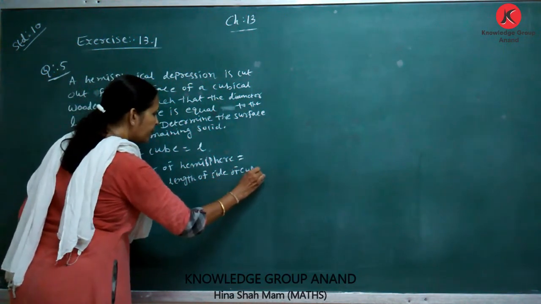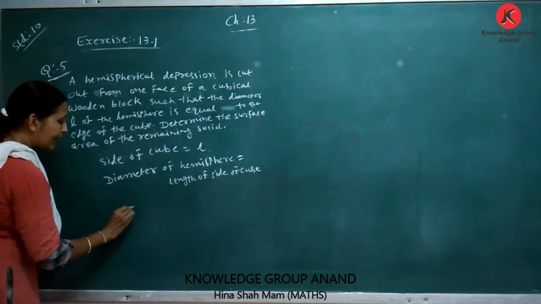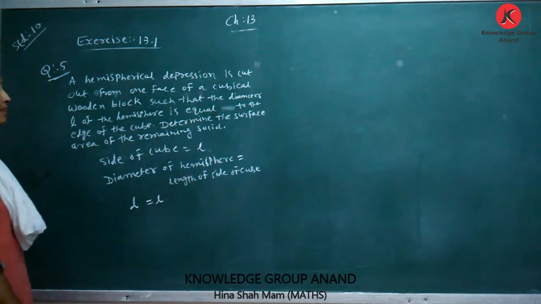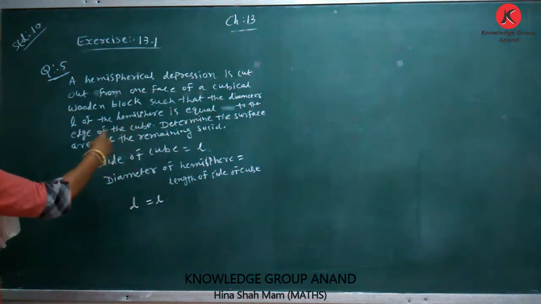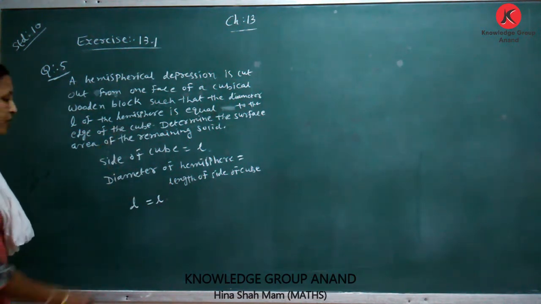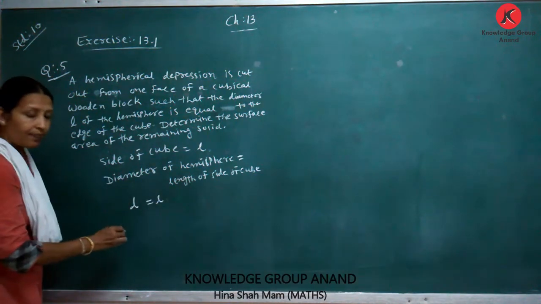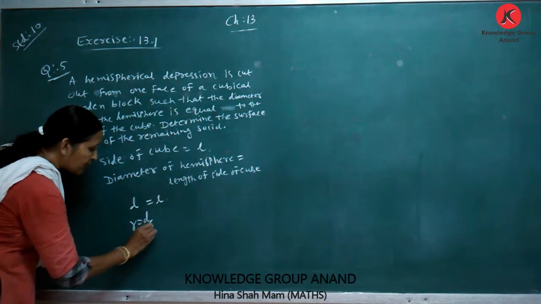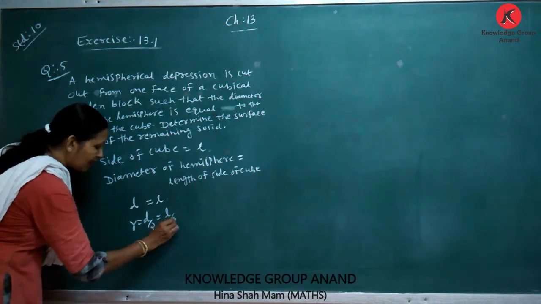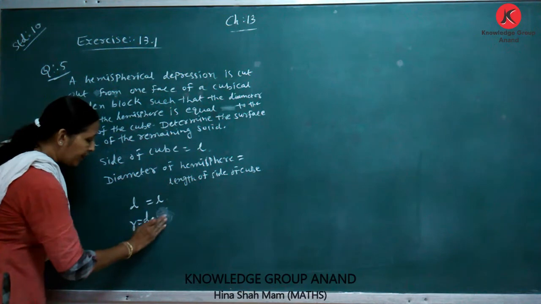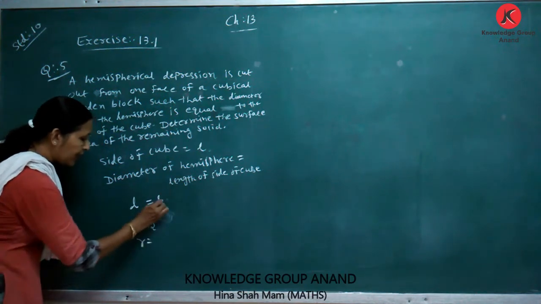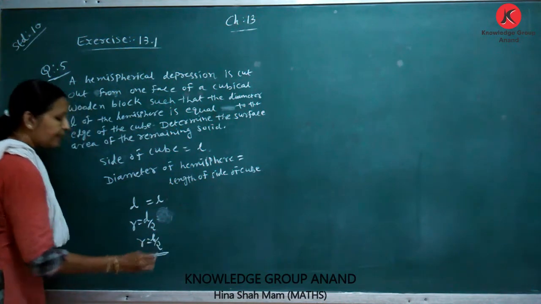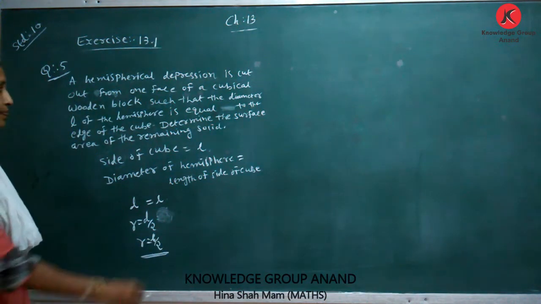Therefore, diameter D is equal to L. Therefore, radius R is equal to diameter divided by 2, so R is equal to L by 2.